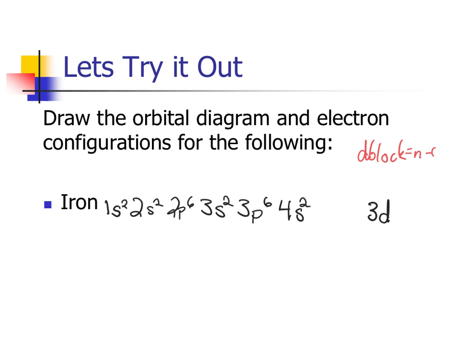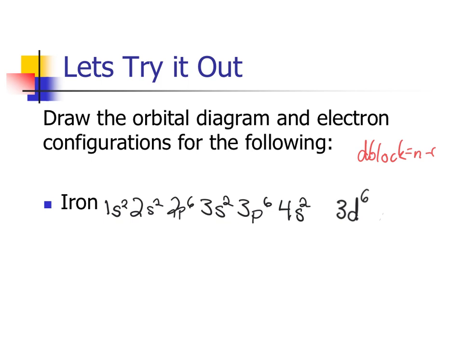Now we have to count how many over is iron, and we go scandium, titanium, vanadium, chromium, manganese, and iron, and see that it is the 6th one over. And probably should put that in a little bit over there. And now we can see that that is the electron configuration for iron.